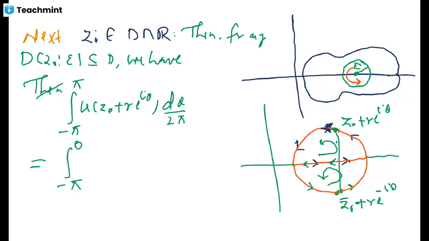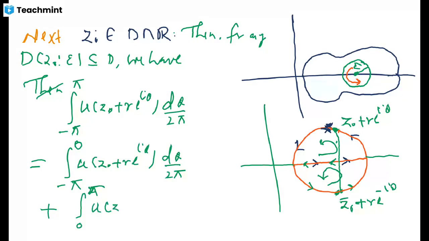So we'll have the integral from minus pi to 0 of u at z naught plus r e to the i theta, d theta upon 2 pi, plus the integral from 0 to pi, the other part in the upper part of this circle, of u at z naught plus r e to the i theta, d theta upon 2 pi.